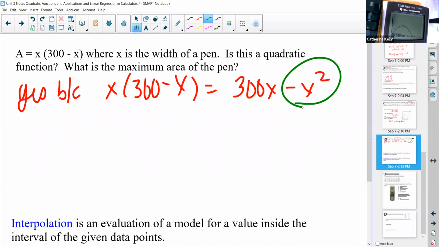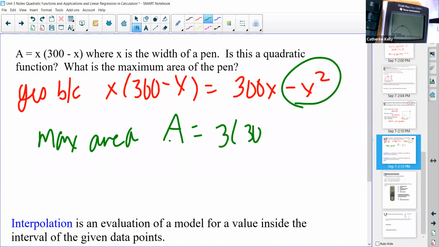And what is the maximum area of the pen? Maximum area would be A equals x times 300 minus x. I made a mistake.